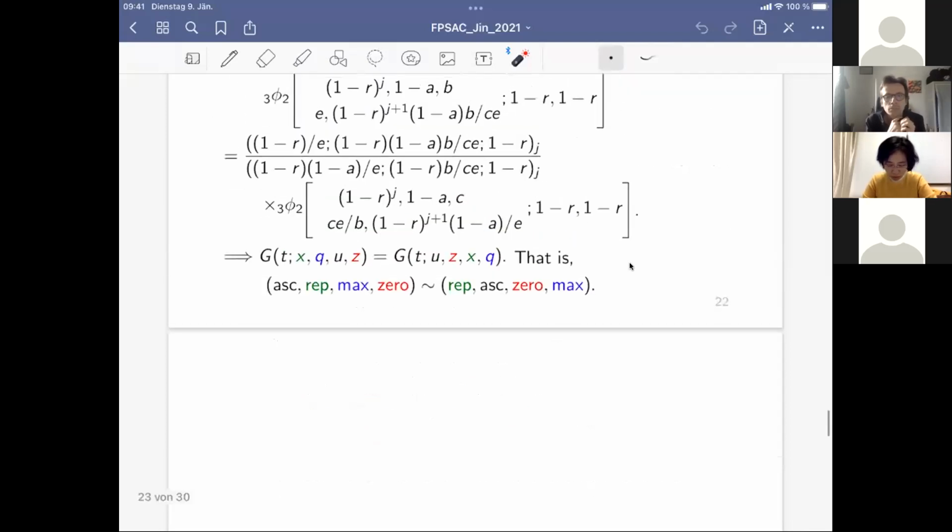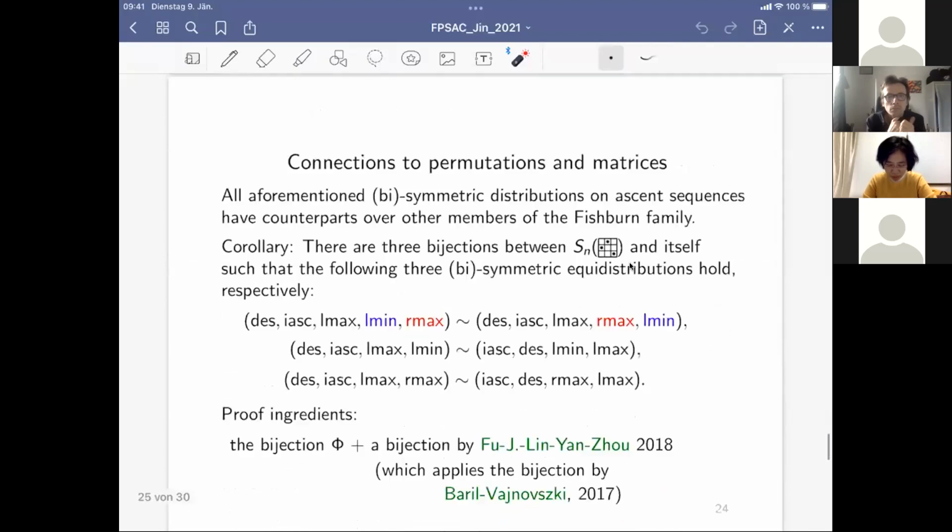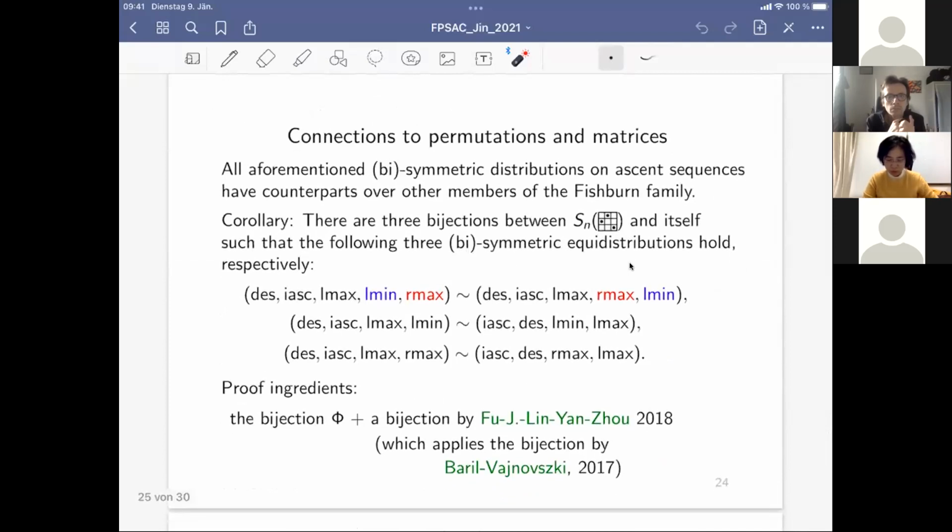Now, I will present our equidistributions in the context of other combinatorial structures. All the equidistributions I have presented before can be translated into equidistributions of certain pattern avoiding permutations. The proof ingredients are that we need to use the bijection on ascent sequences we constructed, and a bijection in the paper from 2018.